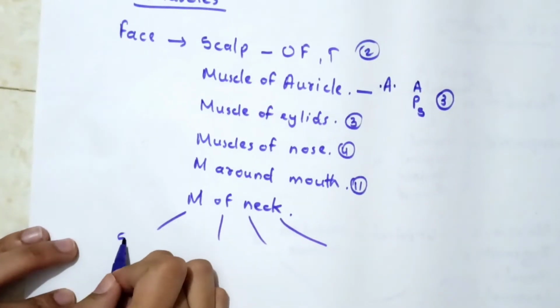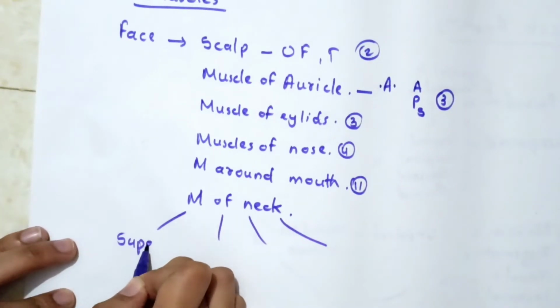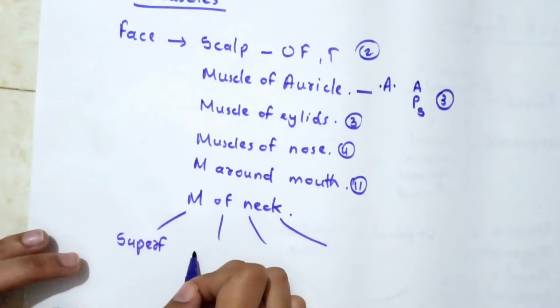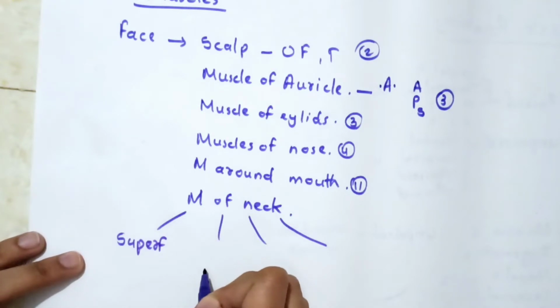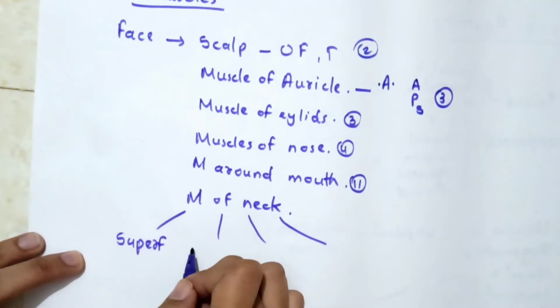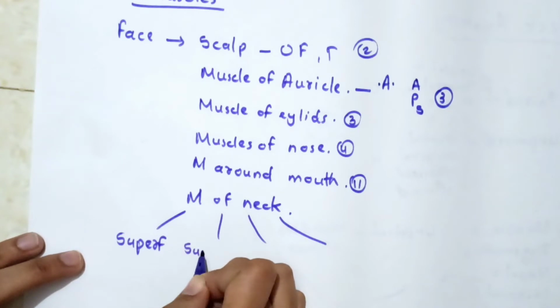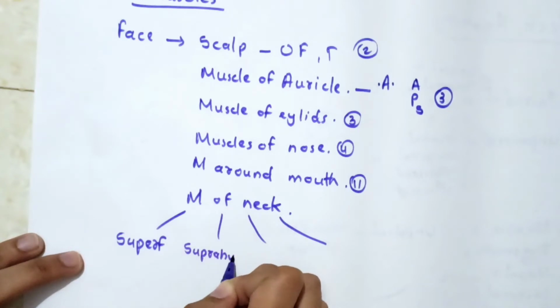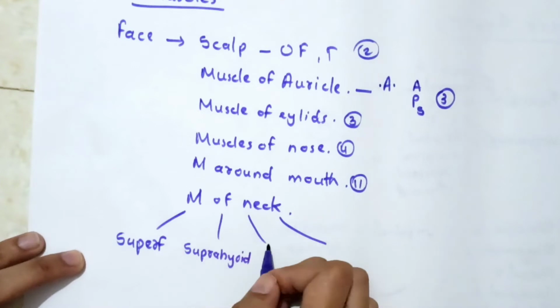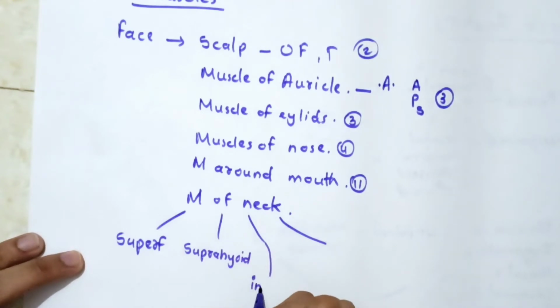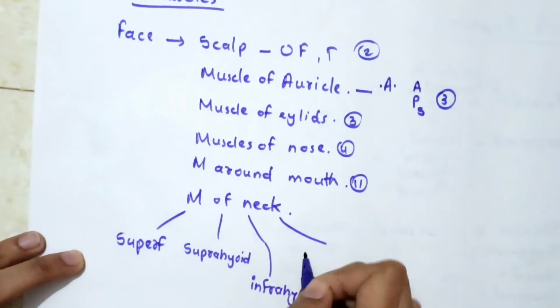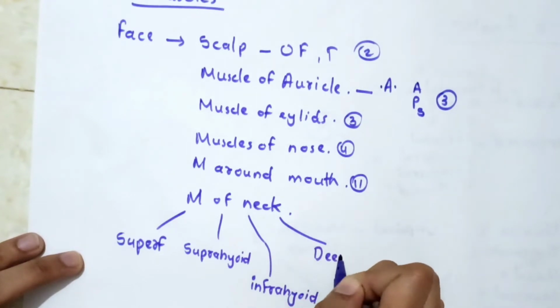In the neck we have superficial muscles. Then there is a hyoid bone in the neck, as we all know. So it is divided into suprahyoid muscles, then infrahyoid muscles, then we have deep muscles of neck.